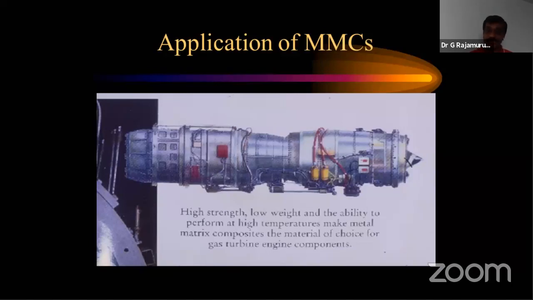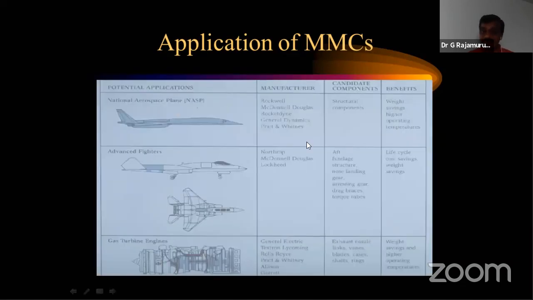So that is also important. And not only that, it should have excellent tribological properties, wear resistance. Okay, so putting all of these together, they can fabricate this engine part with the help of this metal matrix. Okay, and you can see the other application of this metal matrix.